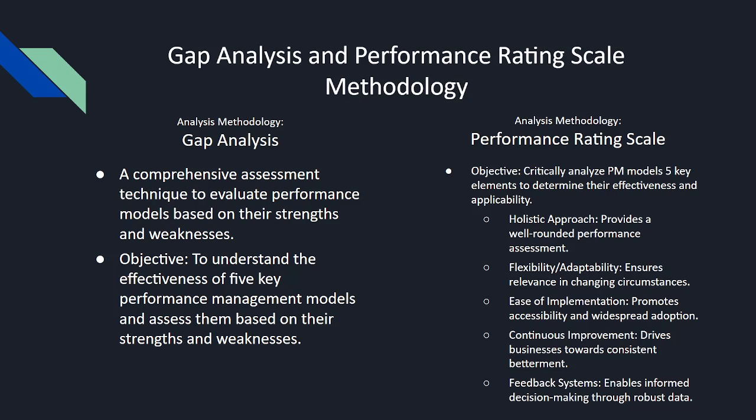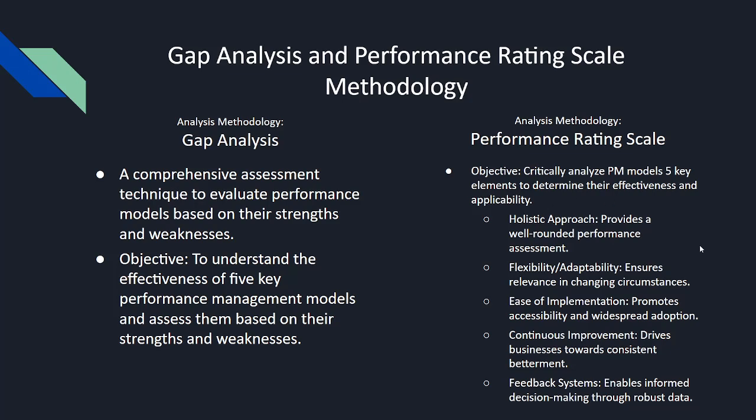We need to think about the ease of implementation. It needs to promote accessibility and widespread adoption throughout a business or organization. And then we have continuous improvement, which helps drive businesses toward consistent betterment. And then finally, we have a feedback system. It enables informed decision making through robust data and information.